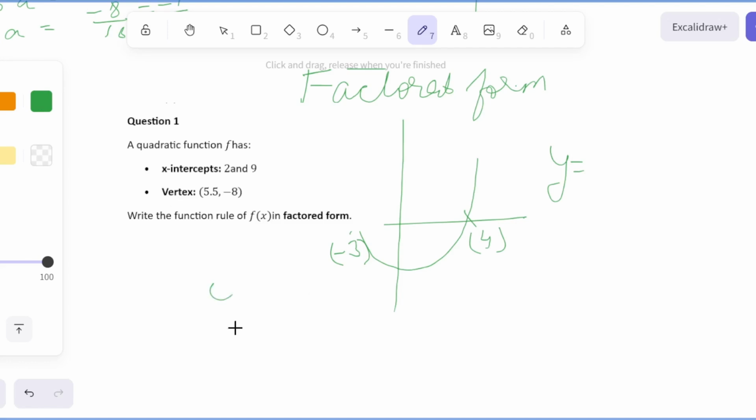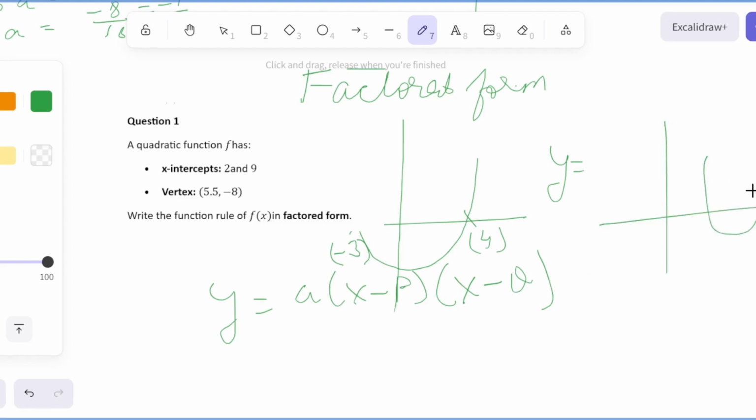The factored form is y equal to a times (x minus p) times (x minus q), where p and q are the intercepts of the parabola, the x-intercepts. So if this is p and this is q, you can write it in factored form as y equal to a times (x minus p) times (x minus q).